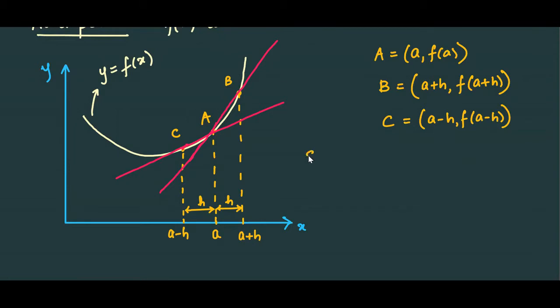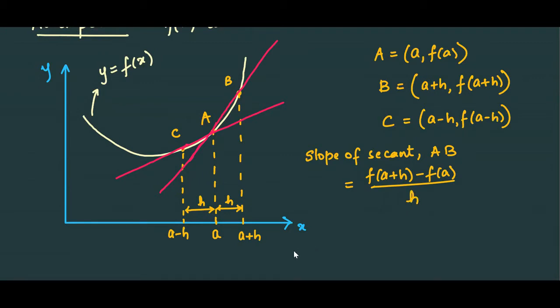Now, just look at this. What is the slope of secant AB? Maybe secant is an extended chord, all right, we know that. So the slope of the line joining these two points A and B is f of a plus h minus f of a by a plus h minus a, which will be h.